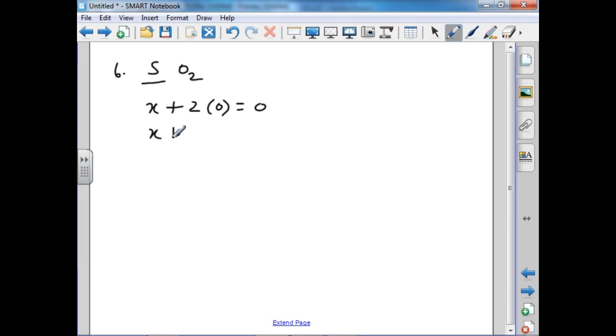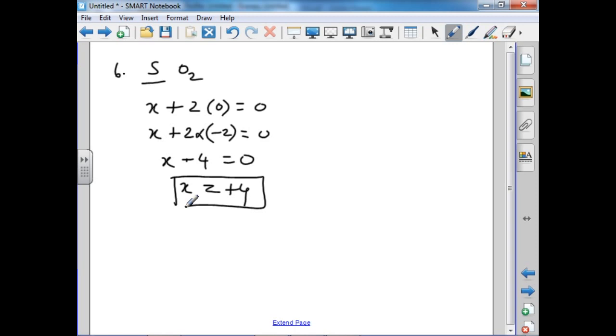So X plus 2 into oxidation number of oxygen, -2, equal to 0. X minus 4 equal to 0. X equal to +4 after moving to the other side. So the oxidation number of sulfur in sulfur dioxide is +4.